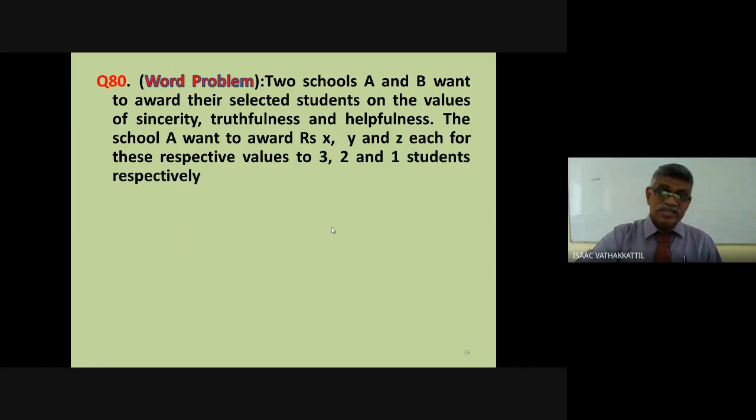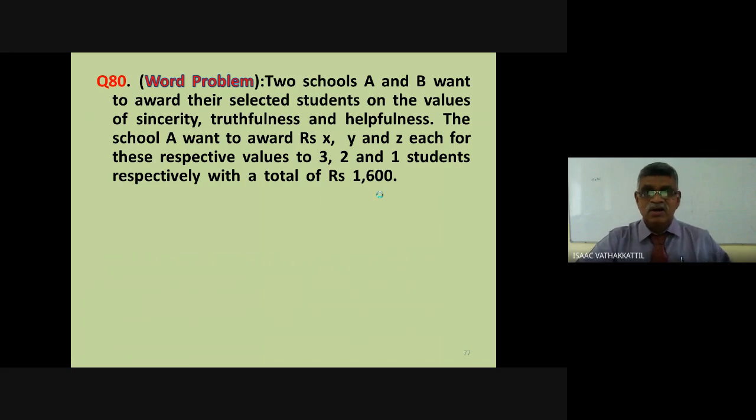To three students, 3, 2, and 1 students respectively, means 3 students are to be given award for sincerity, that is X rupees each, 2 students are to be awarded for truthfulness, that is Y rupees each, and 1 student is to be awarded Z rupees for helpfulness. The total amount is coming to be rupees 1600.